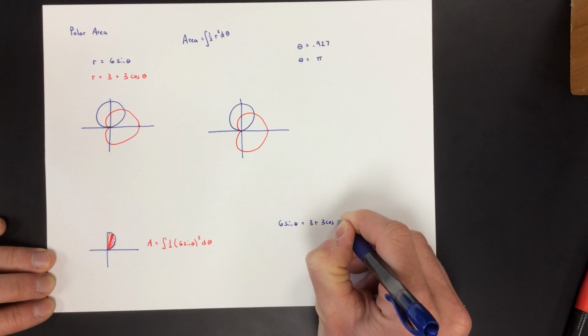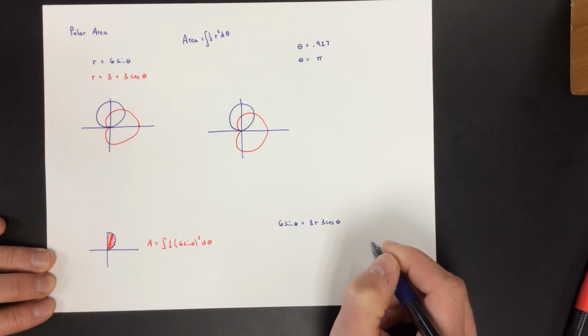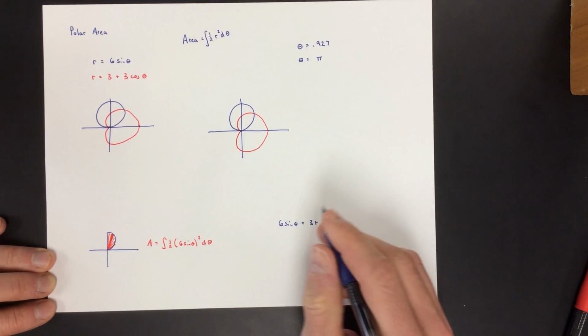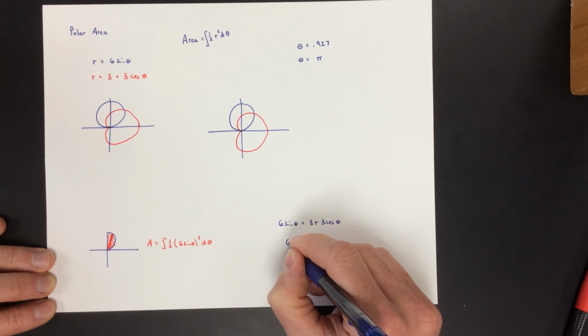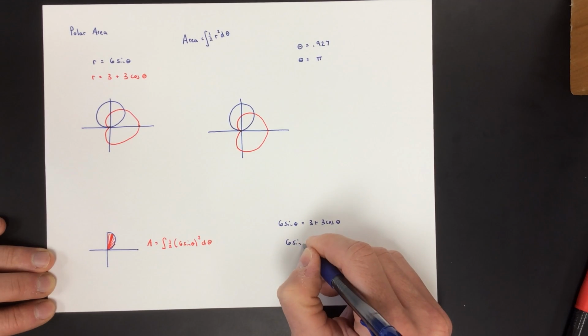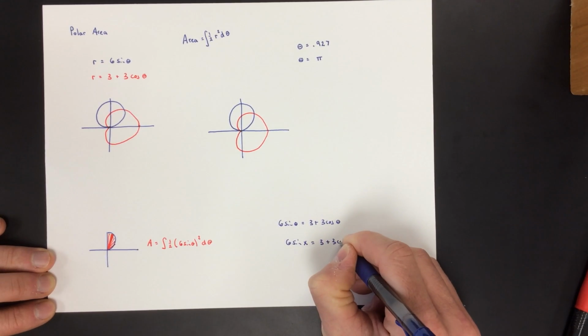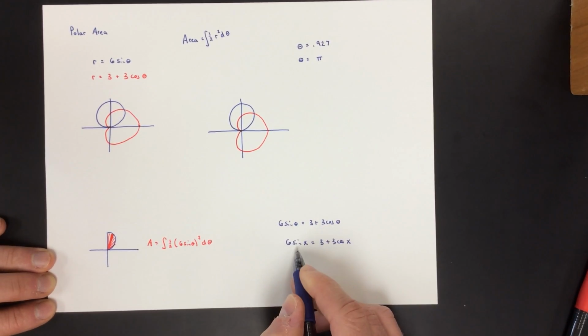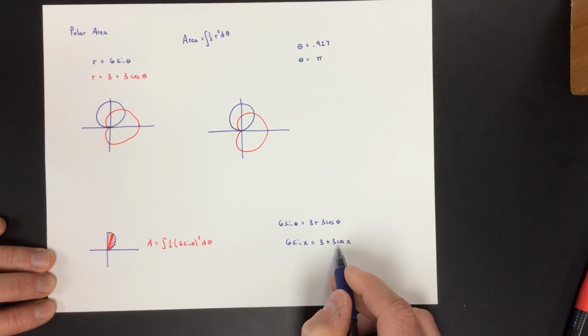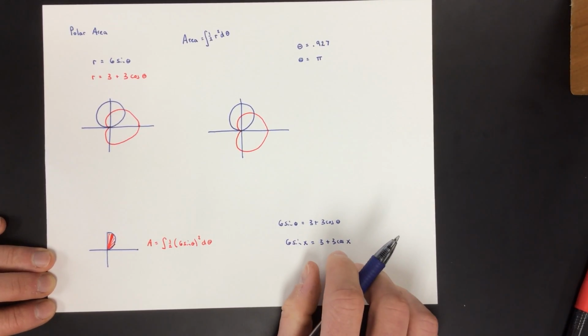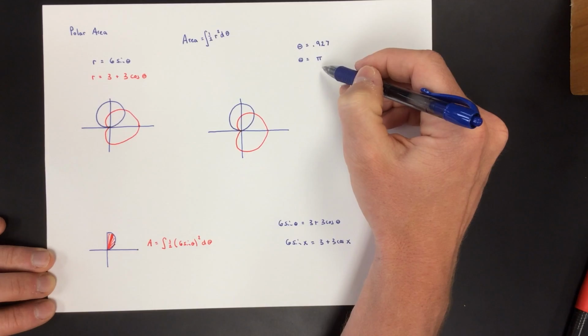Unfortunately, your graphing calculator in polar mode won't be able to find those. If you can't do this algebraically, then you put your calculator back into Cartesian mode, graph this as y1 and this as y2, and then find the intersection of those two curves, which your graphing calculator can do, and then you have those two angles.